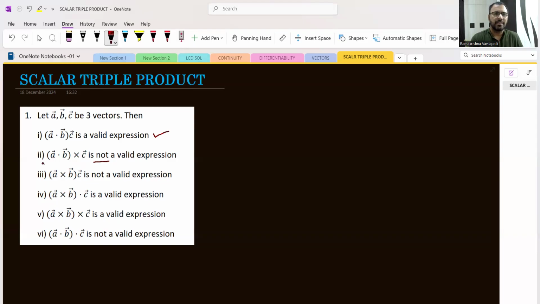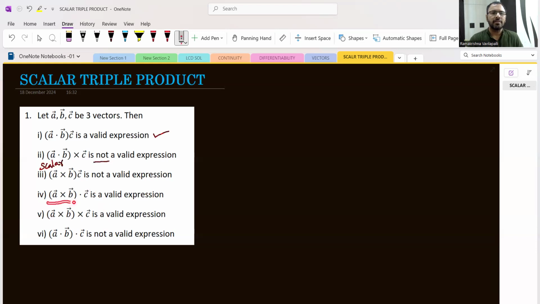And A cross B into C bar is not a valid expression because this is a vector and C bar is a vector. Writing two vectors side by side is not at all a good expression.